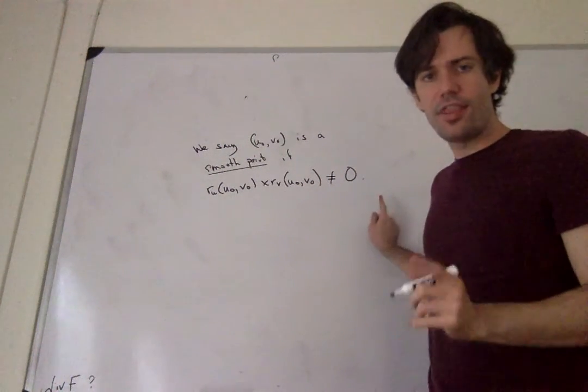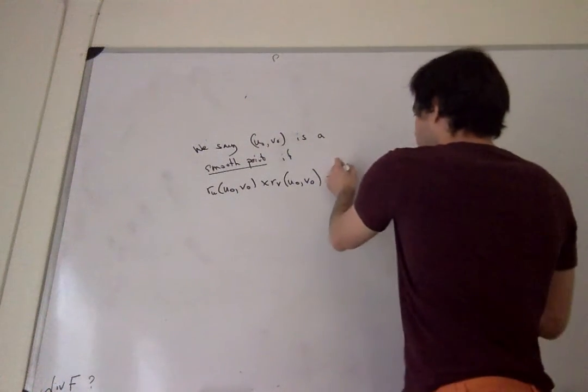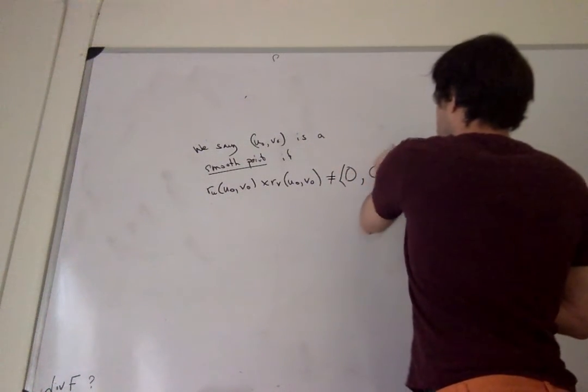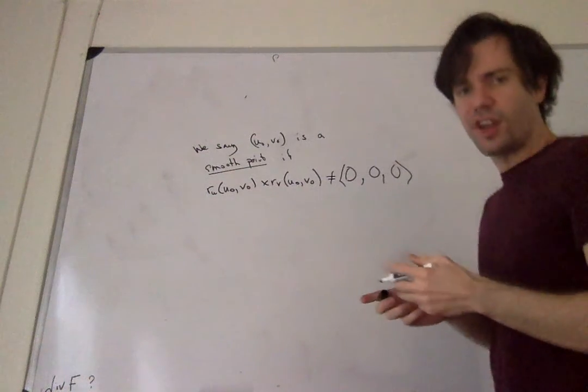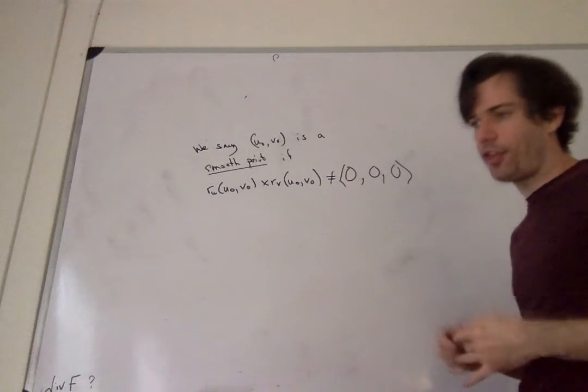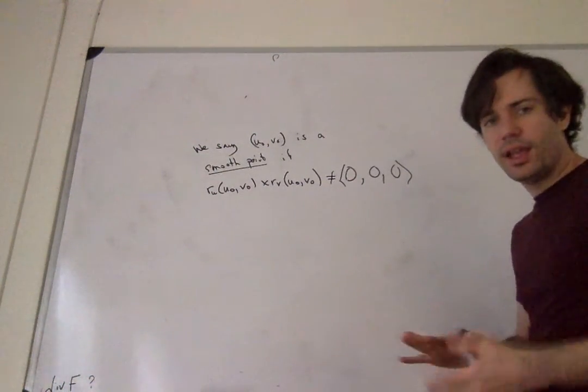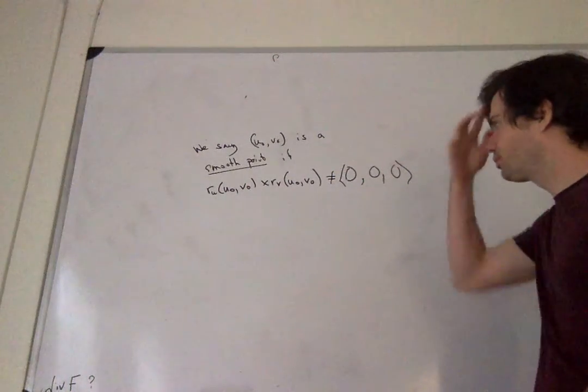What is 0 over here? The 0 vector. So not equal to all 0. You could have 2 of them be 0, and the third one be non-zero, but it has to be non-zero.